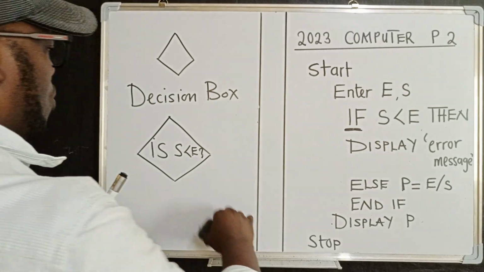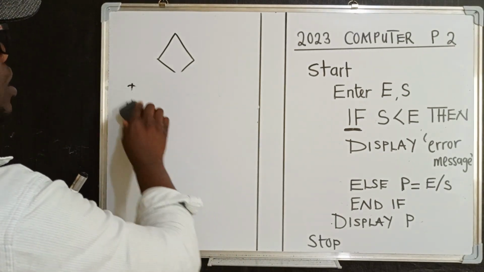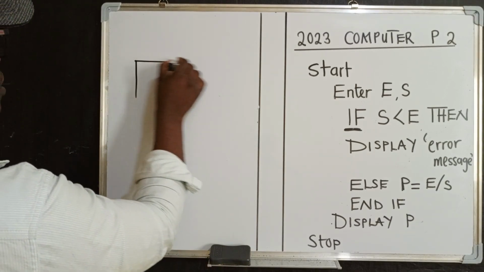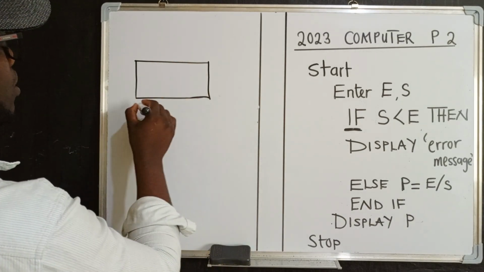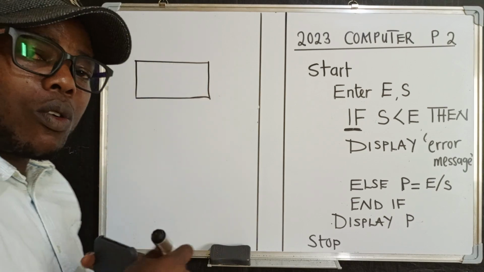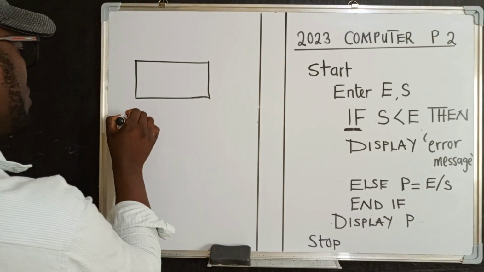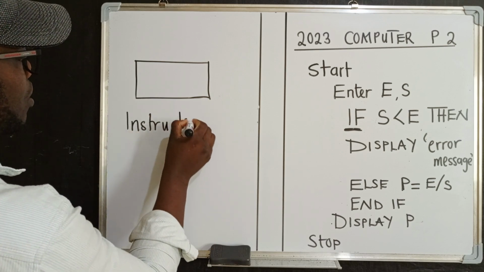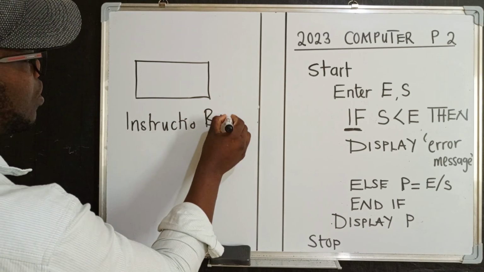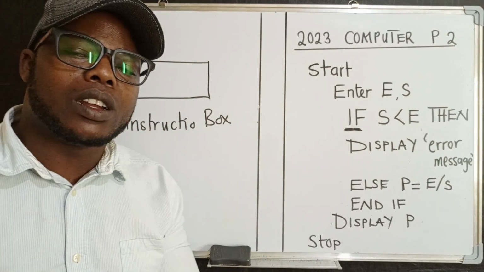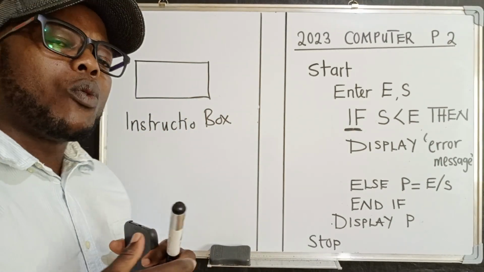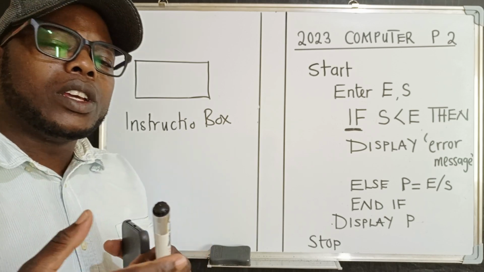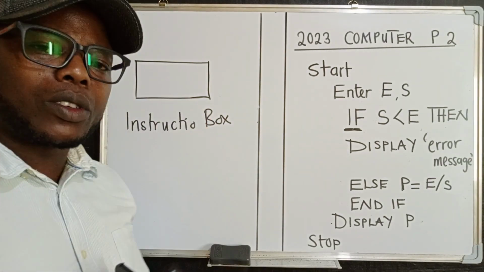Okay, we now go to the last shape. The last shape looks like this. So this is a rectangle. We know it's a rectangle, and we call it an instruction box. So this is an instruction box. Now, when do we use an instruction box, or at which point do we use this instruction box?